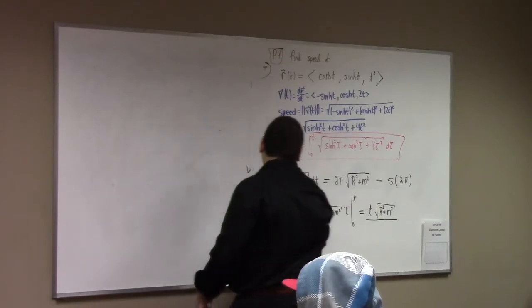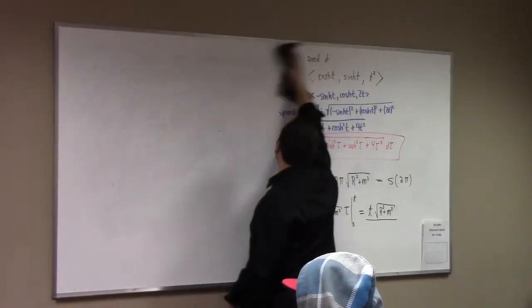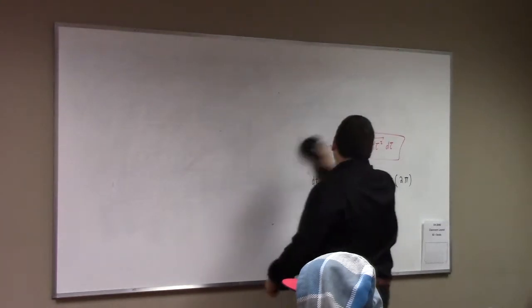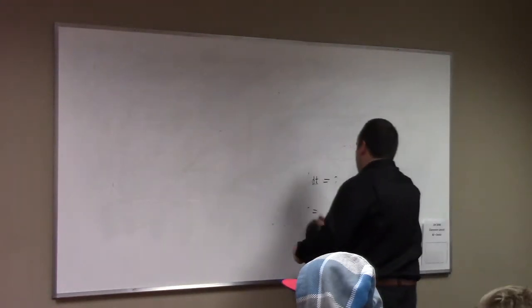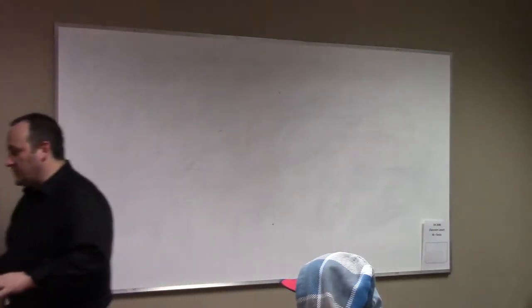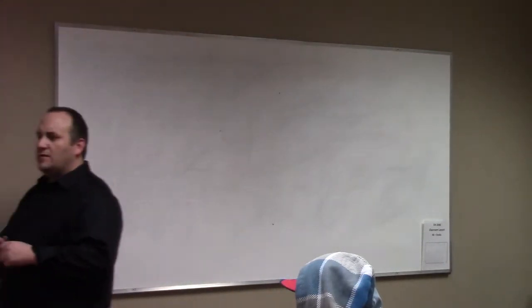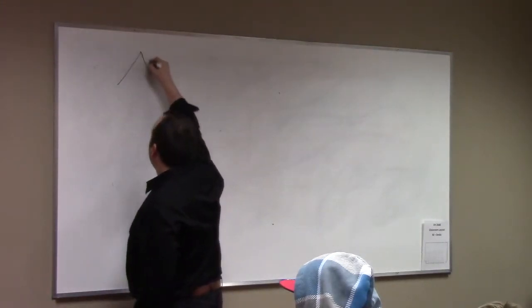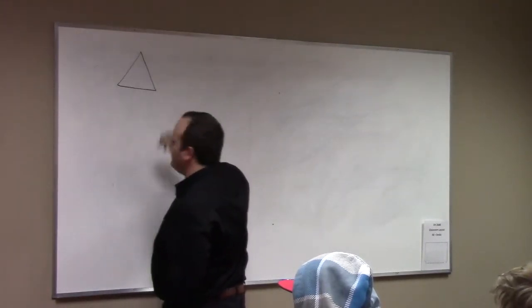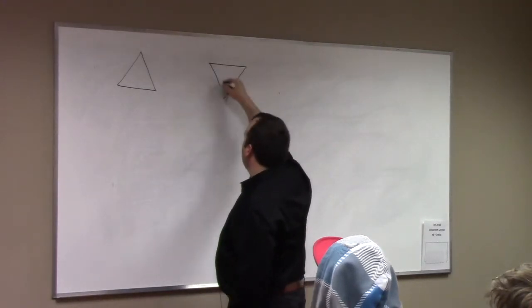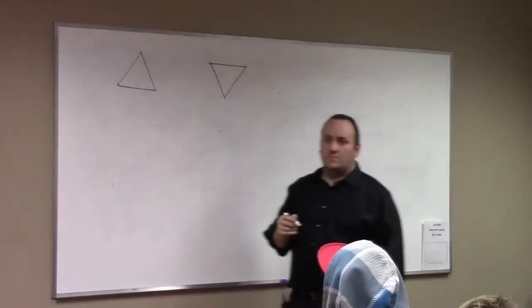All right, so let me introduce the next order of business, which is understanding a little bit about the basic geometry of curves. Let me just set up the problem for you. Something you probably thought about in high school: if I have this triangle here, and I have this triangle here, are these the same triangle?